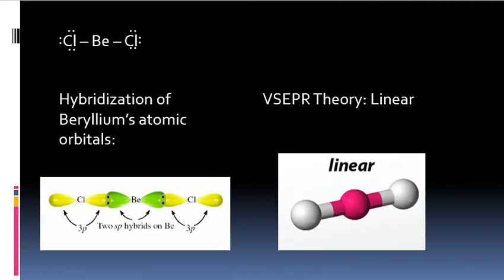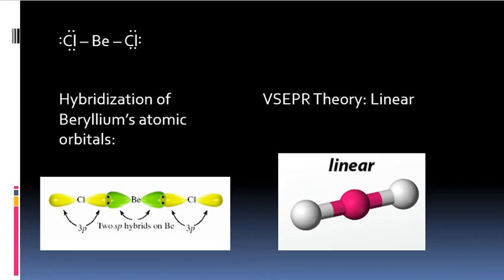Let's take beryllium chloride. So beryllium bound to 2 chlorine atoms, and beryllium has no lone pairs on it. Well, according to valence bond theory, because beryllium is bound to 2 outer atoms, it will need to hybridize one of its s orbitals and one of its p orbitals to form 2 different sp hybrid orbitals.